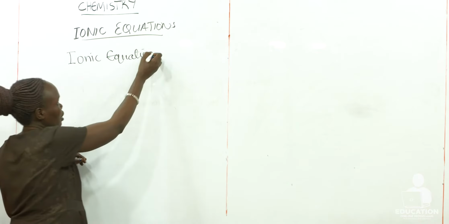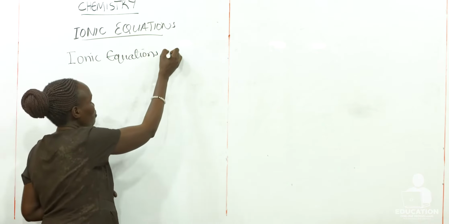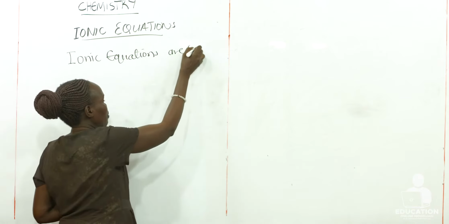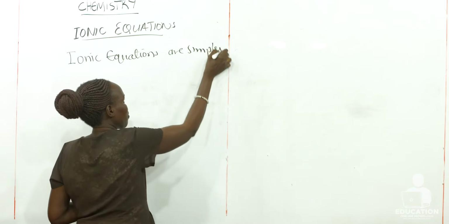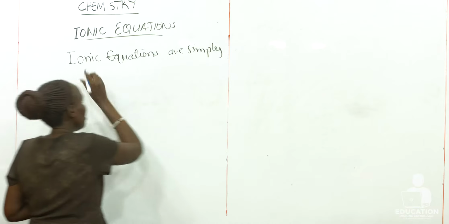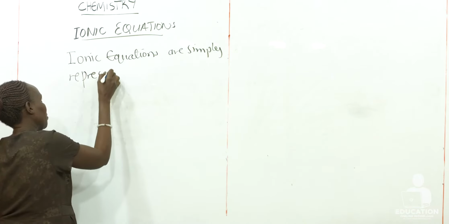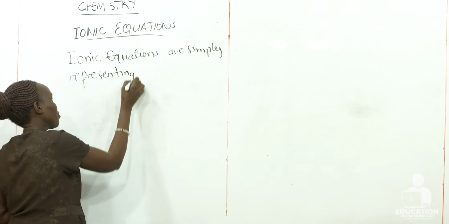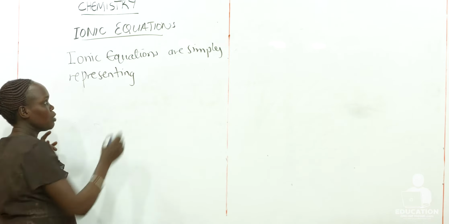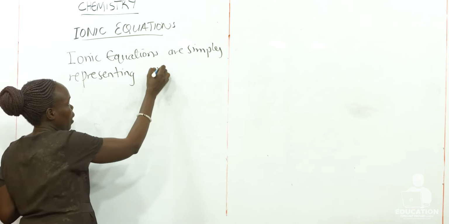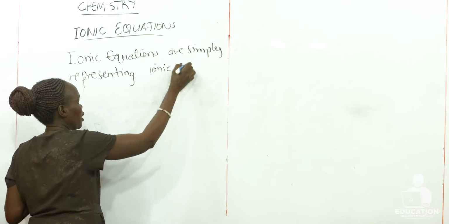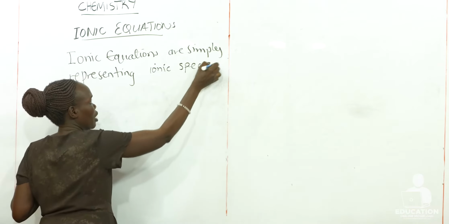Ionic equations are simply representing the ionic species in a chemical reaction.